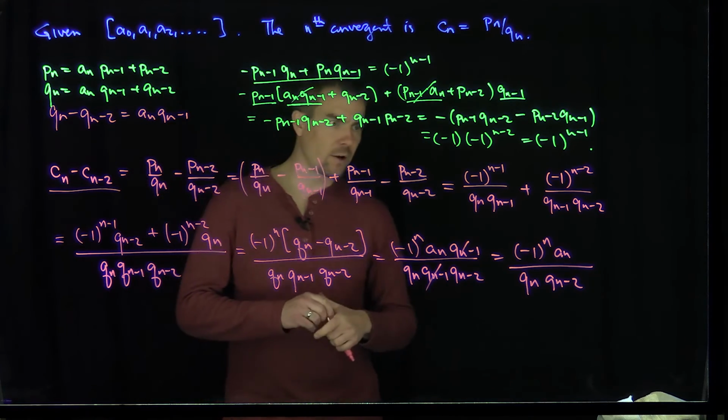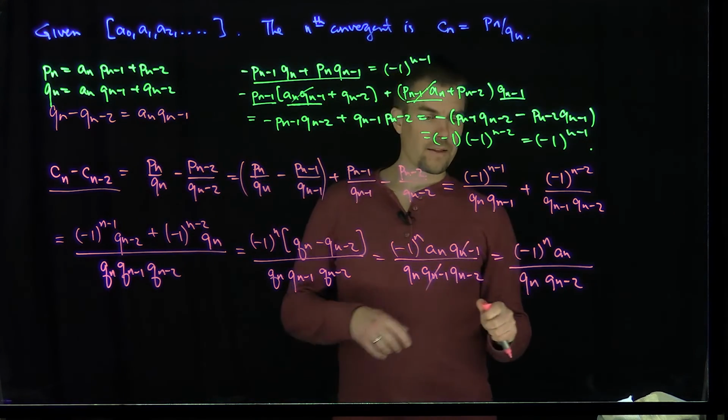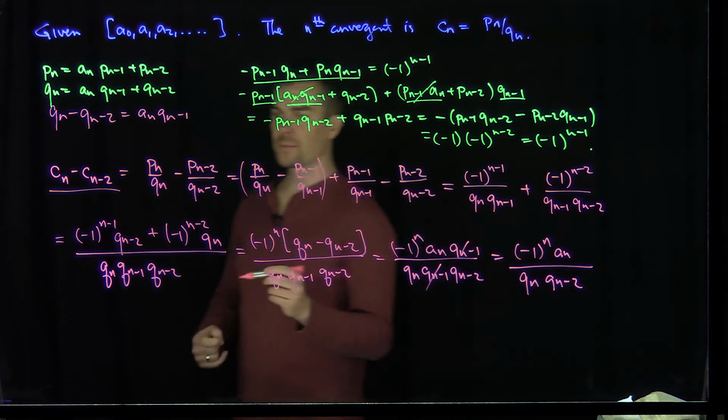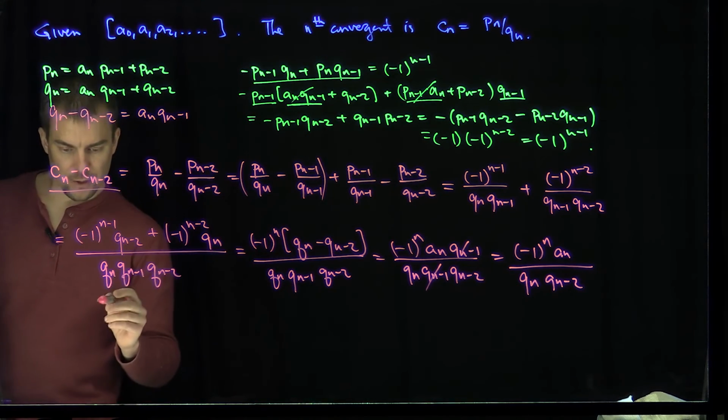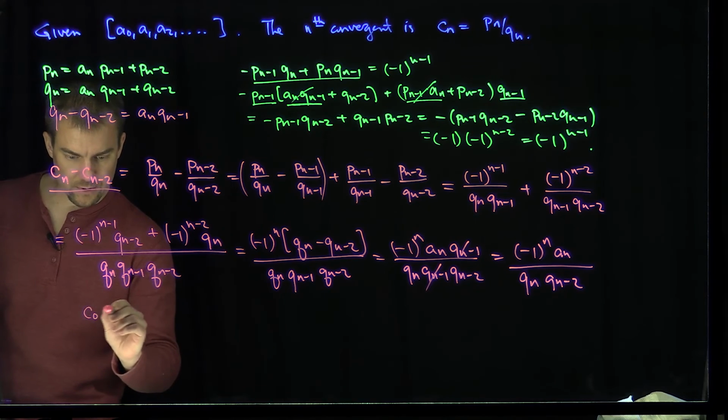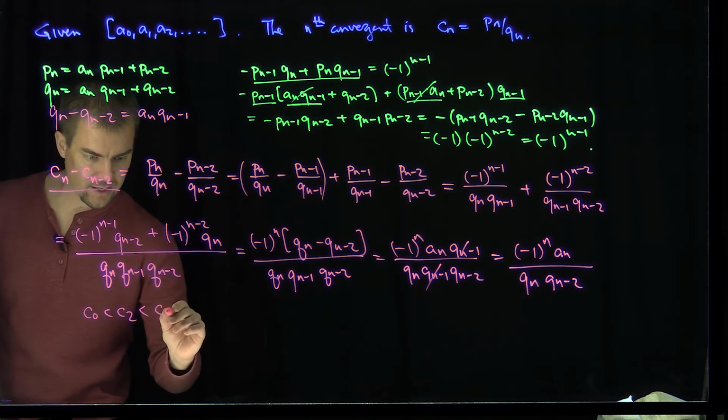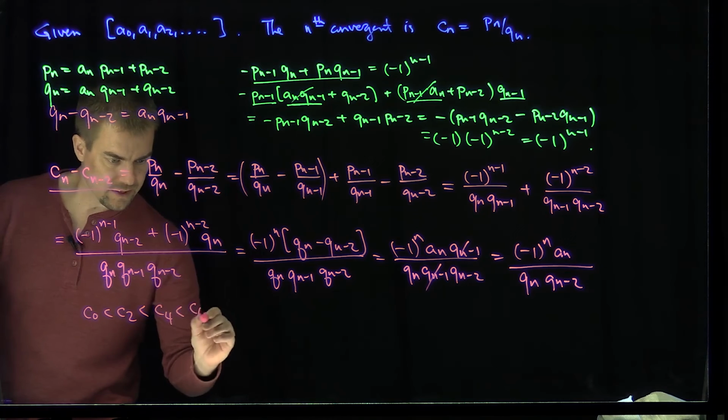So if n is even, then this is going to be greater than 0. So the even terms in the sequence are going to be increasing: C0 less than C2 less than C4 less than C6, et cetera.